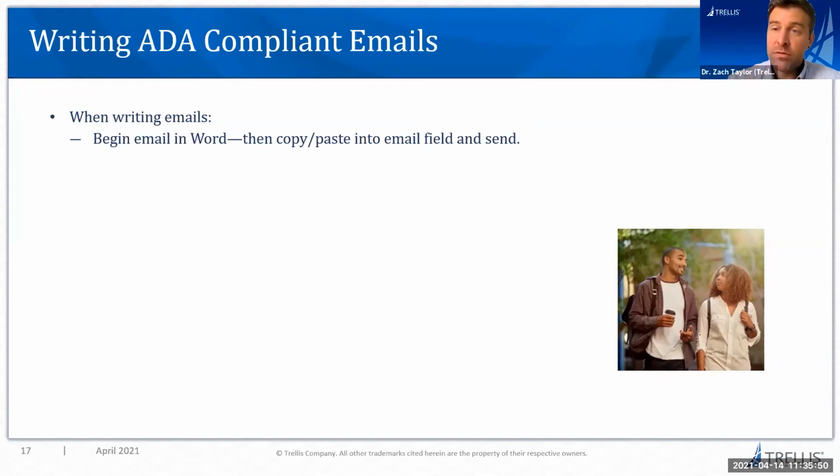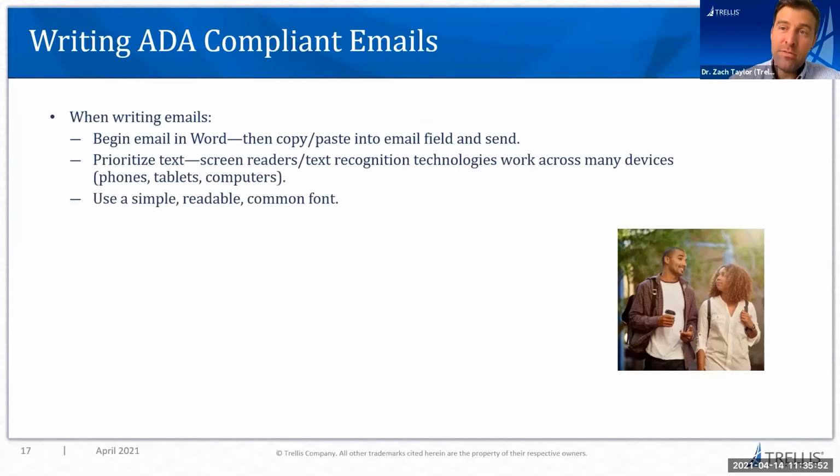Text is almost universally readable. Pictures and videos, it gets a lot more complicated the more multimedia you use in your communication. So prioritizing text, using a strong color contrast. And also if you're using night mode on your phone, make sure the contrast is strong enough if they're using night mode or day mode, depending on what color the font is and how dark the background is.